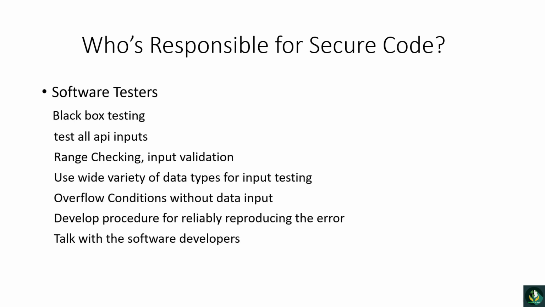And obviously the software testers. A software tester does black box testing and tests all API inputs, and, same as the software developers, checks range checking and input validation, and uses a wide variety of data types for input testing, and tests the overflow condition without data input.